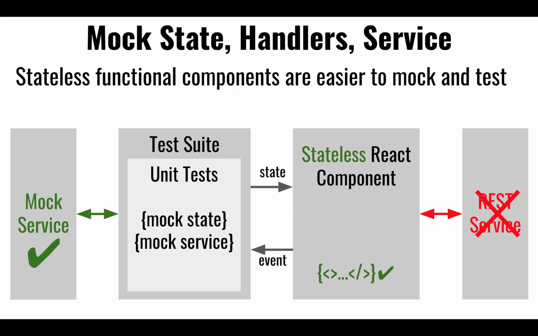Also, the unit test is now going to be able to feed state into our stateless components, so that we can easily put our component in whatever initial state we want, and much more easily compare what the actual rendering is to what the expected output will be. So we'll know that for the same state, we will always get the same rendering, because the component will have no state. Make sense? So the idea here is to simplify the unit testing.